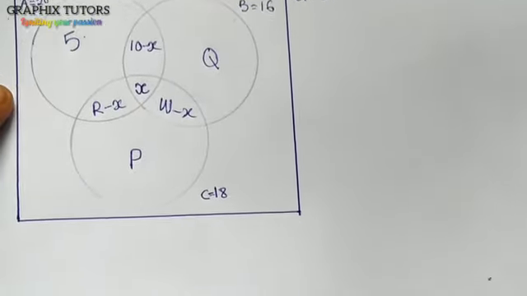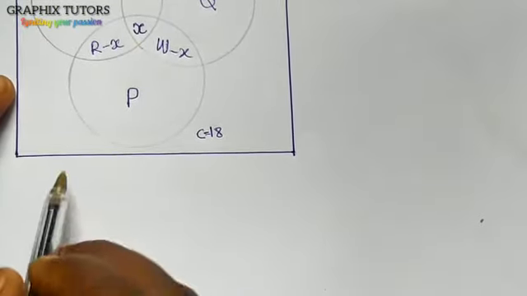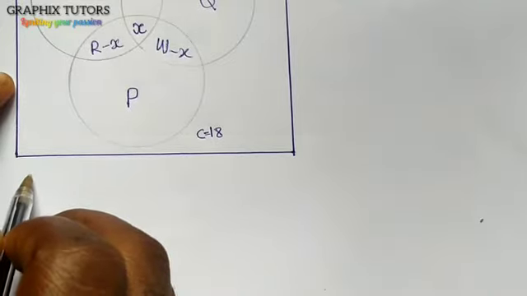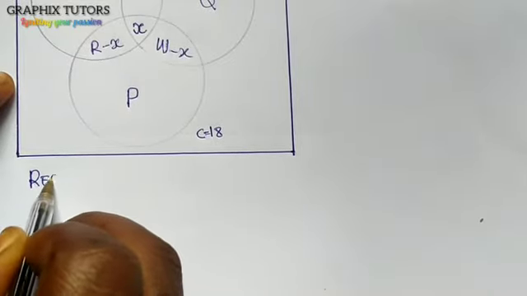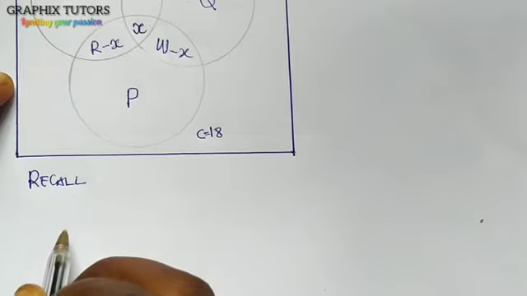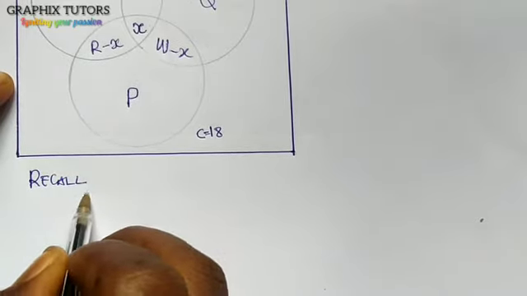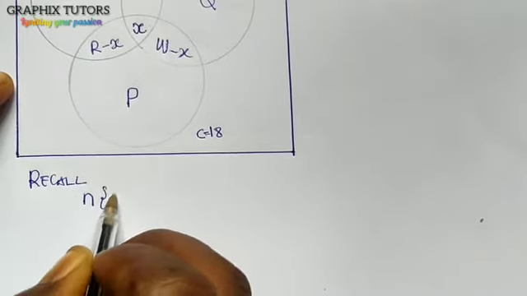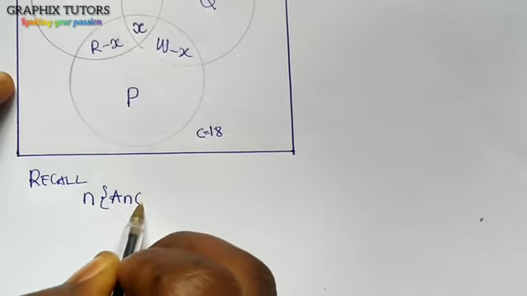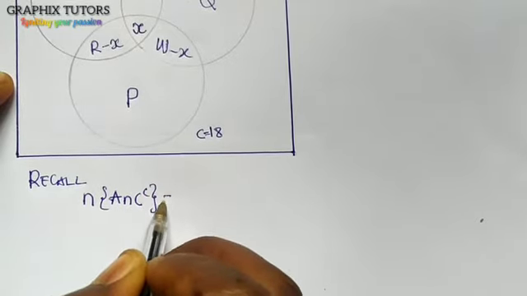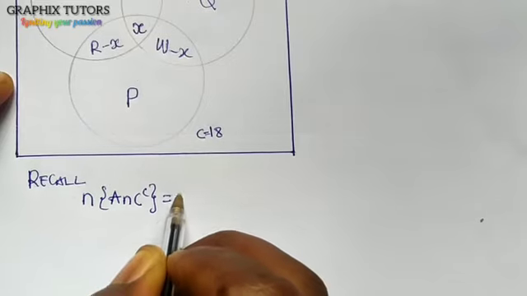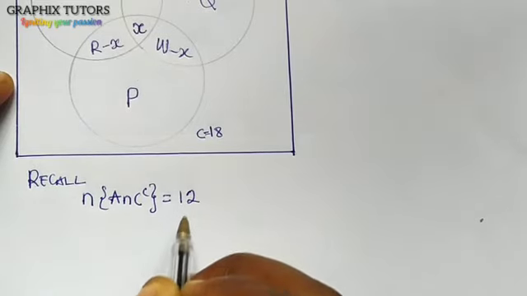So if I put it here, calculating, recall, the number of A but not C is equal to 12, right?